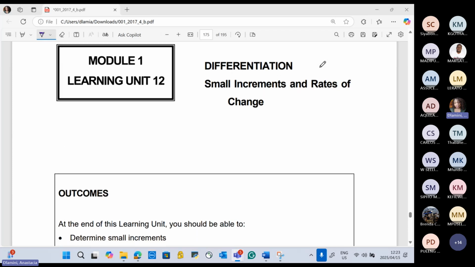And then what is the rate of change? So that maybe we understand each other, we understand what a small increment is. If there's a small increment in your salary, then you know there's a small change in your salary. And then what is the rate of change?